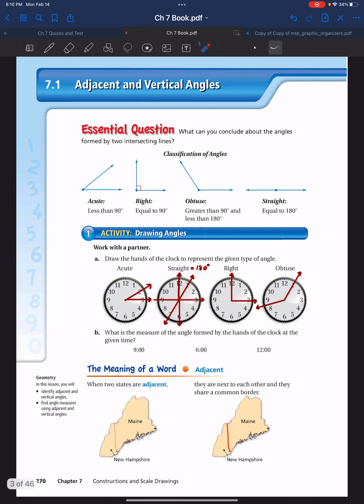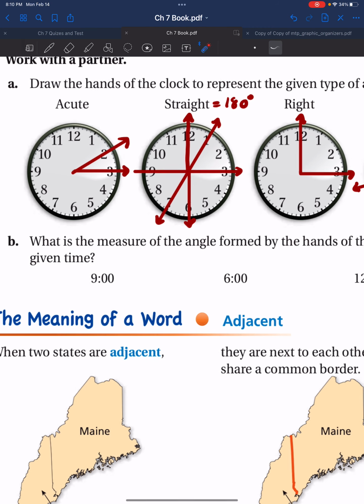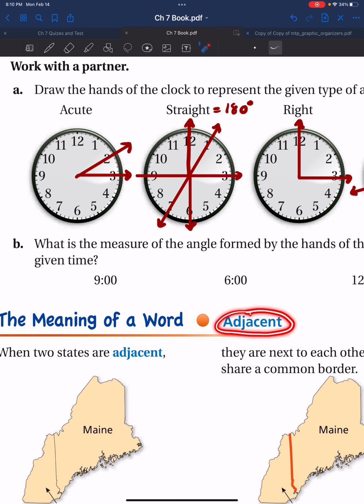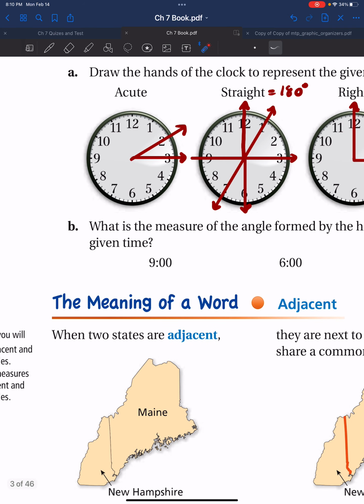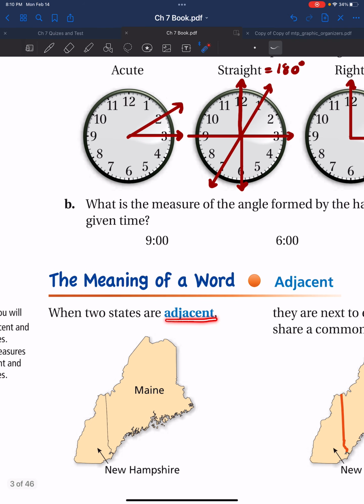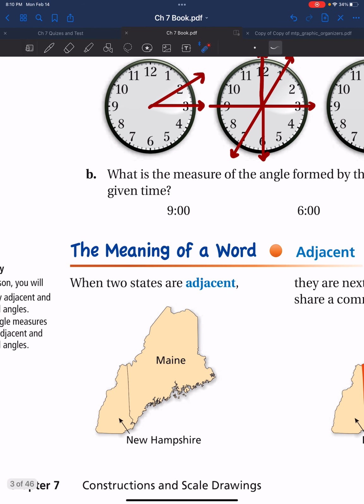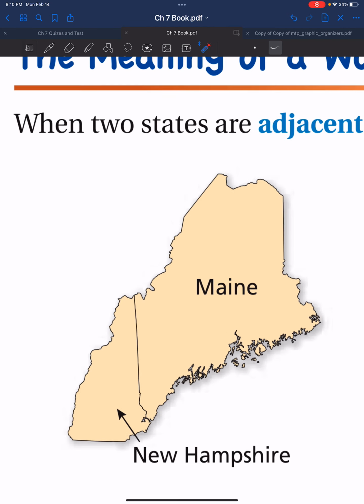The next thing is the meaning of a word, adjacent. When two states are adjacent, like for example, Maine and New Hampshire, it means that they share a common border. Think about the states that are adjacent to Montana. You guys are going to love my terrible drawing of Montana.